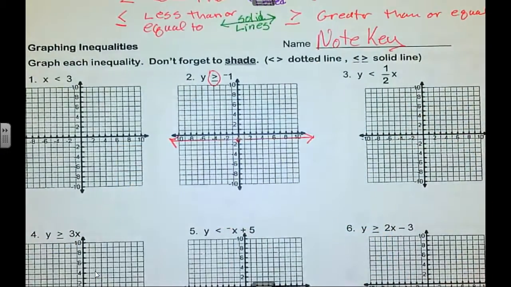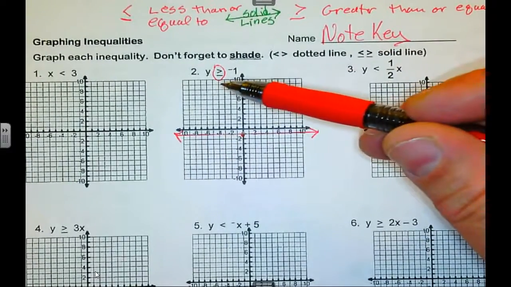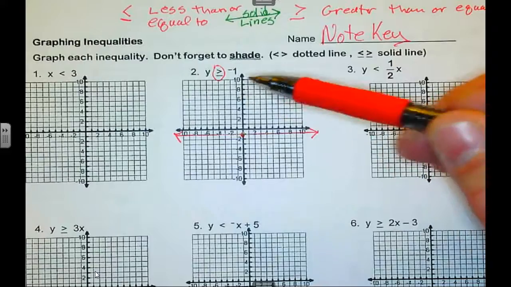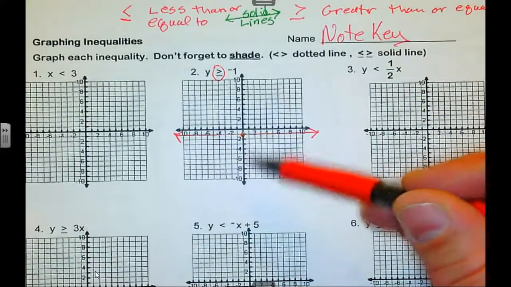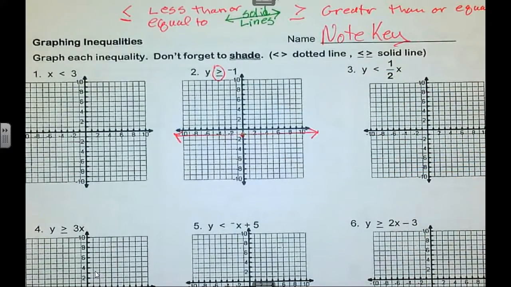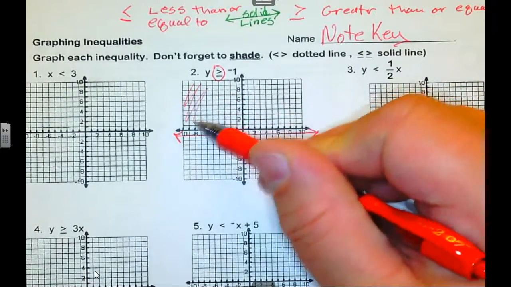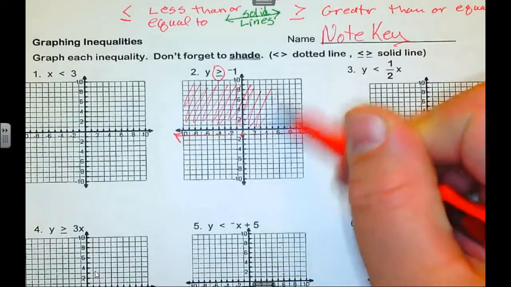Now, do I want all of those y values greater than -1, or less than -1? It's got to make the statement true. I want them all greater than -1, so I want all of these values here.